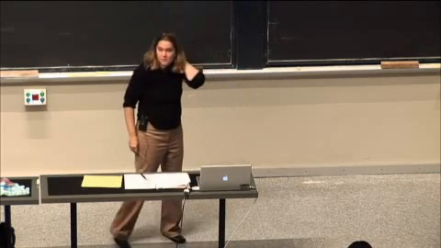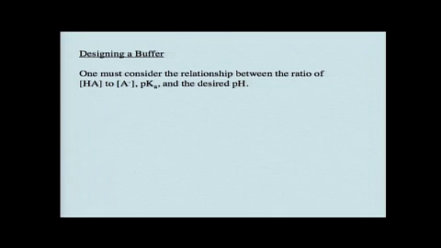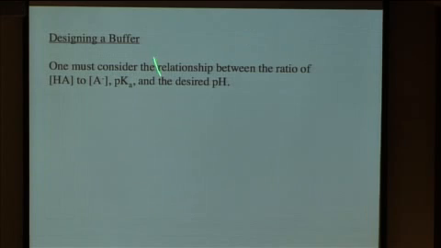So let's think for a minute about designing a buffer. Suppose you wanted to create a buffer at a particular pH. What do you need to think about? Well, you need to think about the ratio of your acid to the conjugate, and you need to think about the pKa of the acid and the pH that's desired.